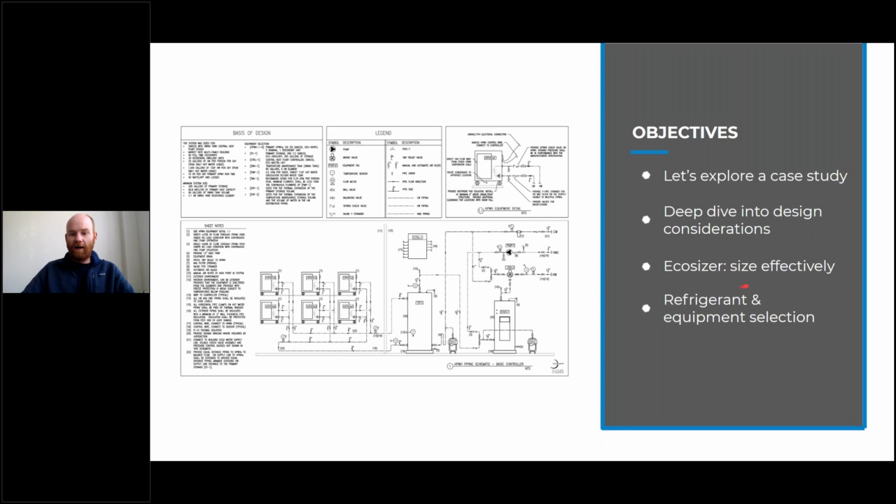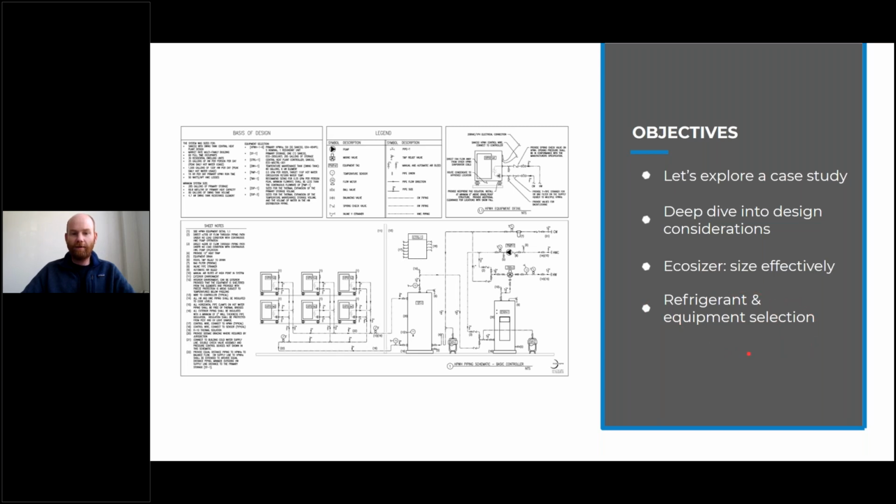Then we're going to talk about how to size effectively and efficiently using the Ecosizer, a free online tool to help you size heat pump water heating systems for multifamily buildings. And then we're going to also look at refrigerant and equipment selection, and some things to be aware of when you're specifying a heat pump, definitely what refrigerant that heat pump uses.